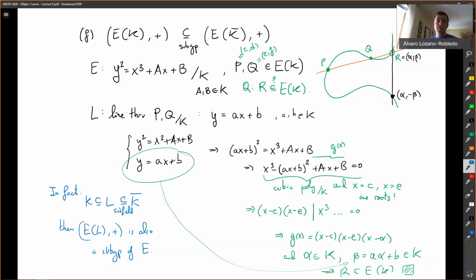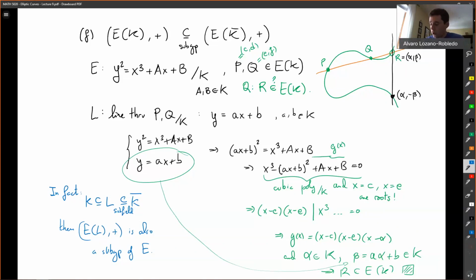For example, if you're over the rationals, you can go all the way to the complex numbers and get also an elliptic curve over the complex numbers with those equations. And that is also a group, which we will do in chapter 5 or 6 or something. We will talk a little bit about elliptic curves over the complex numbers because it gives a different point of view that is actually quite interesting.